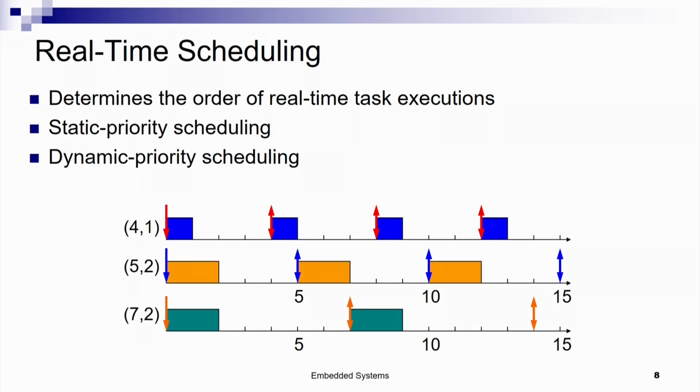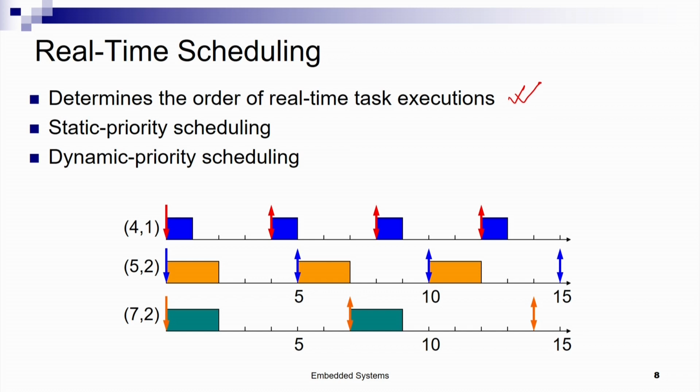So, real time scheduling, as we said, determines the order of real time task executions, and there can be different types of scheduling algorithms depending on the types of tasks and the environment.